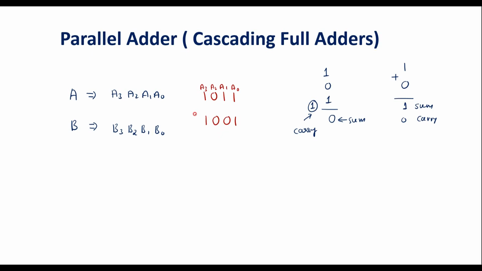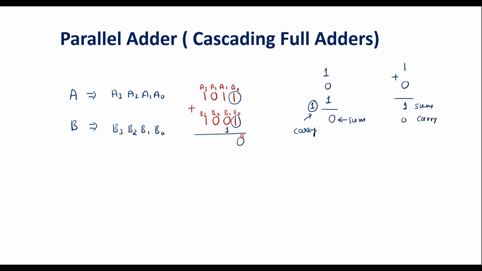Similarly here, this is B3 bit, this is B2, this is B1 and this is B0. So if we add these two numbers, first LSB will be added with LSB. When 1 is added with 1, it produces result as 0 and produces carry as 1.